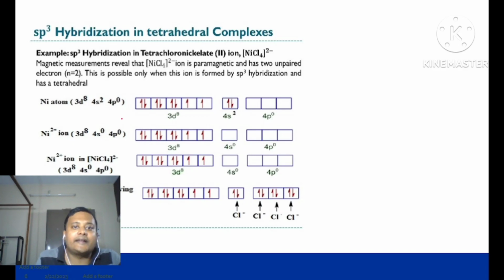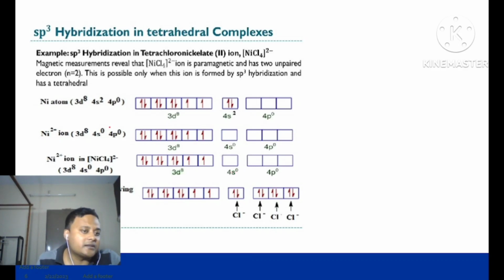Next, NiCl4 2-. Now Ni2+ is a d8 system. Chlorine is a weak ligand, so all five orbitals of the 3d are occupied. How many ligands? 4, so the hybridization is sp3.